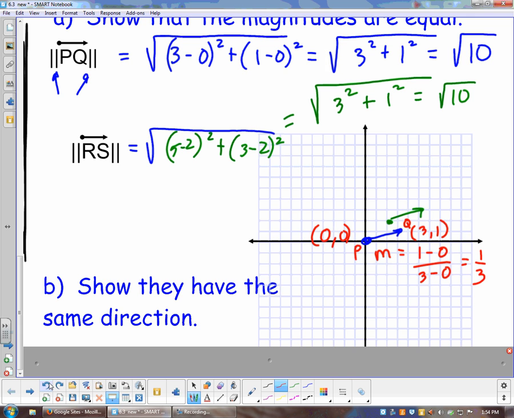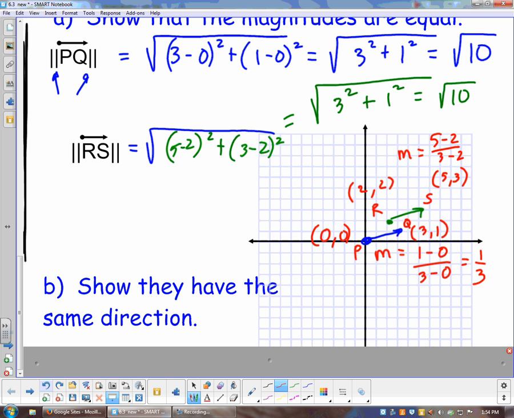Then if I find the slope for RS, I'm going from (2, 2) to (5, 3). Again, I find the difference in my y's over the difference in my x's.